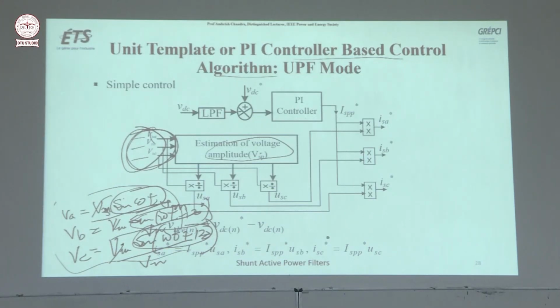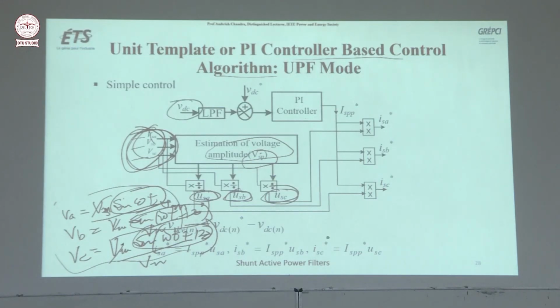This is what we get as USA, USB, USC. You are dividing these voltages by the estimated amplitude of the voltage, and this is the unit vector, the unit template.